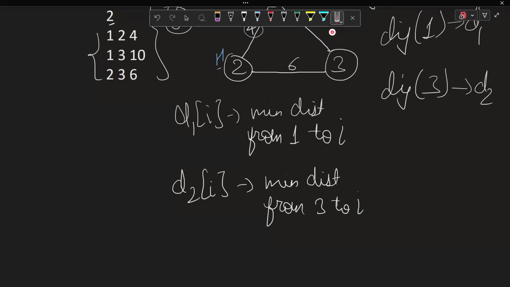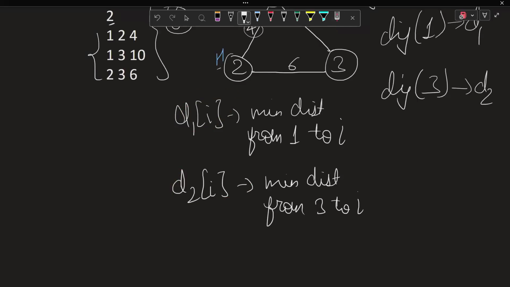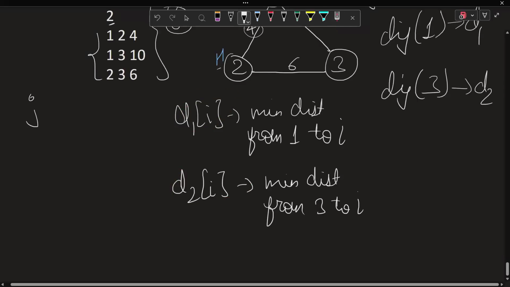Once you have got these two things, now if we are meeting at a node j, the time to meet would be: the first person would take d1 of j time to reach here, and the second would take d2 of j time to reach here.